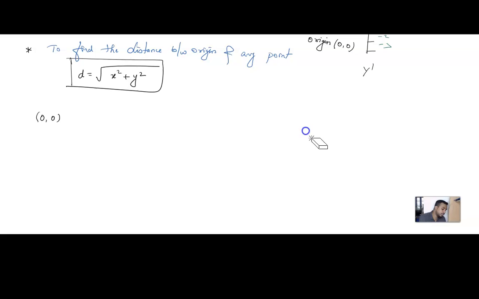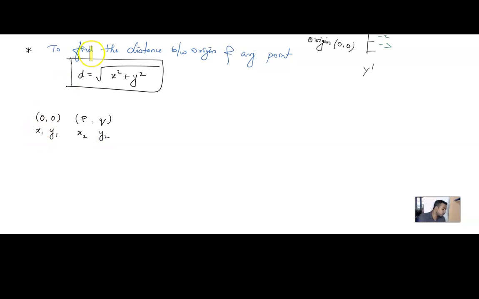But here, actually, the 0, 0 is x1 and y1. And one more value is given. Let me say that is p, q. The next coordinates are p, q. I'm going to take this as x2 and this as y2.